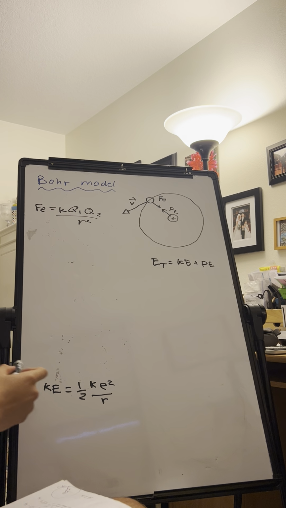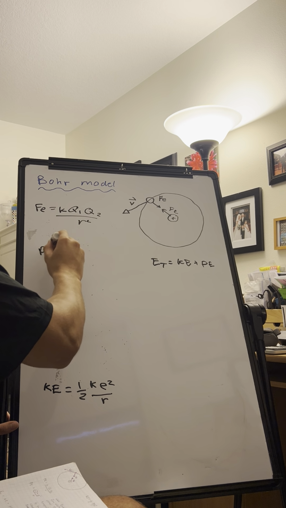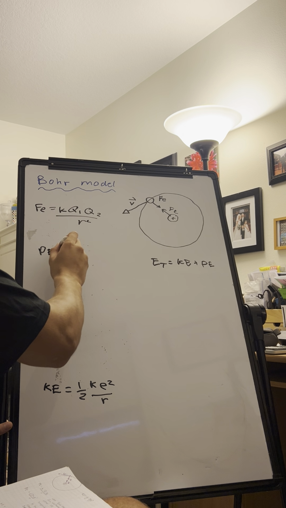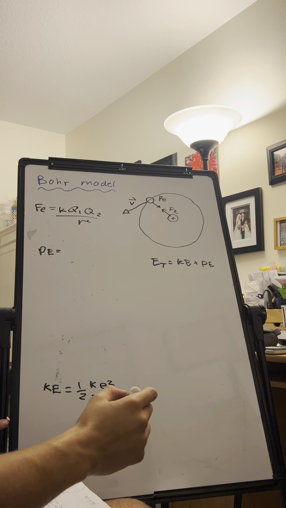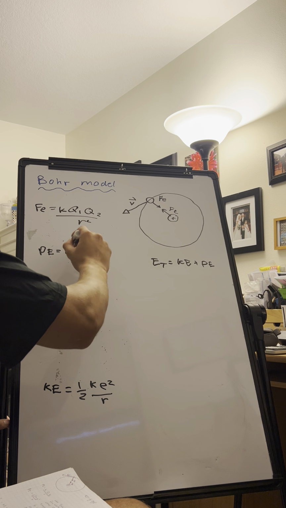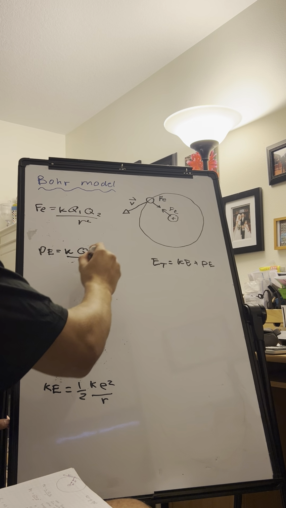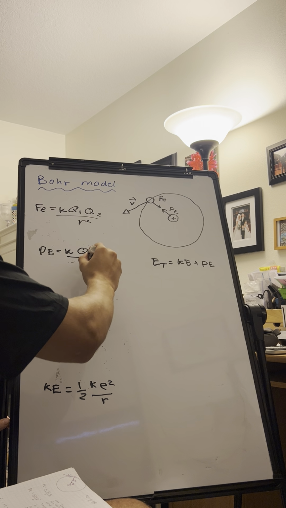So now we have kinetic energy, we want potential energy. So the potential energy of particles or charges is equal to Coulomb's constant Q1, Q2 over r.